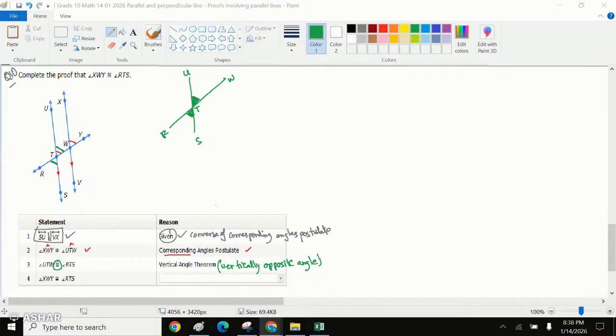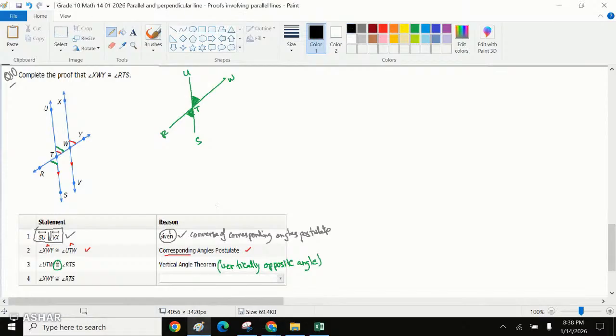So we know that these two angles RTS and UTW are vertically opposite angles, and the theorem is known as vertical angle theorem, right?